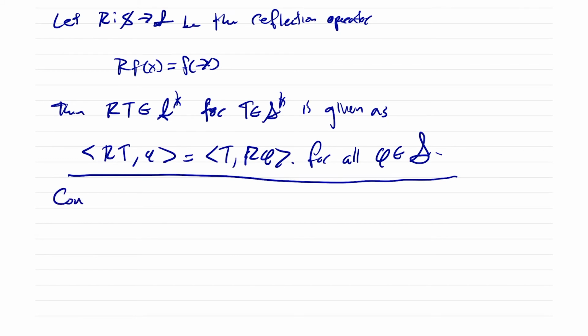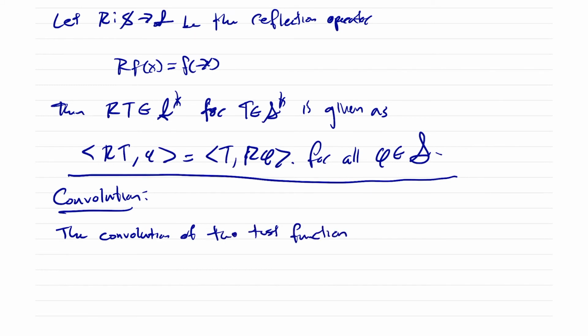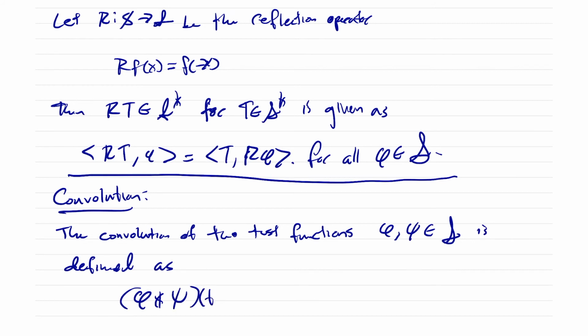All right, so the convolution of two test functions, say phi and psi in S, is defined as phi star psi of x, and this is equal to the integral over all of Rn of phi of x minus y times psi of y dy.